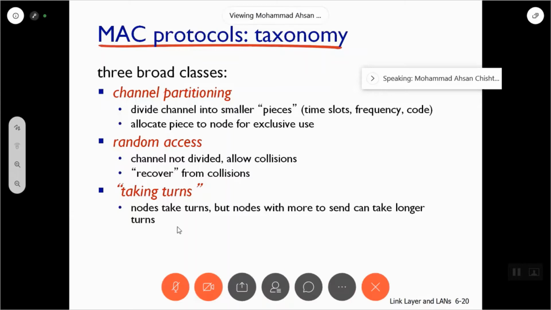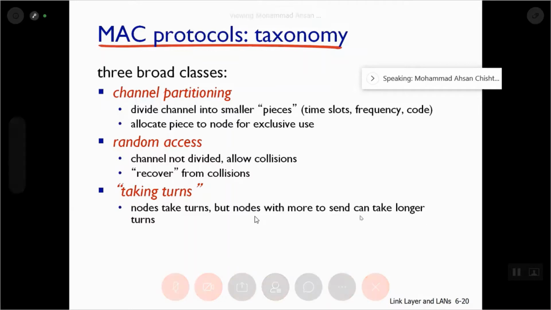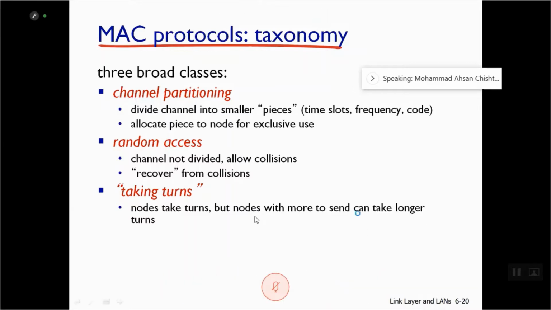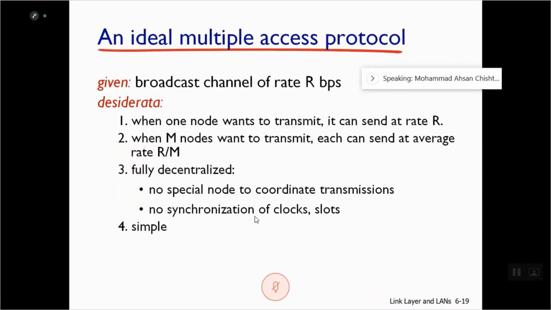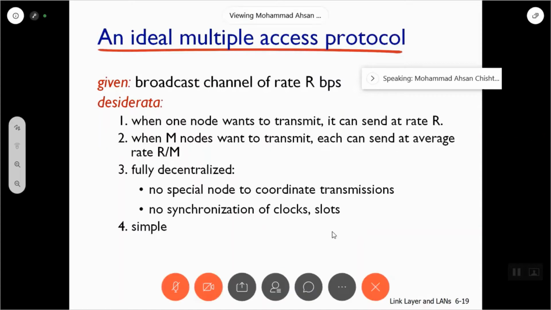And the third one that we have is taking turns protocol. In taking turns protocols, it's like round robin. Everybody gets a chance to speak. And what are we looking at? Ideally, a multiple access protocol for a broadcast channel of rate R bits per second.